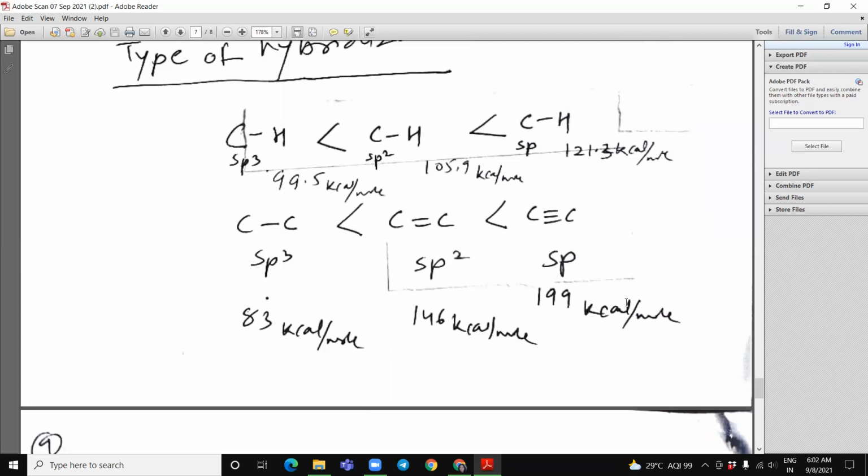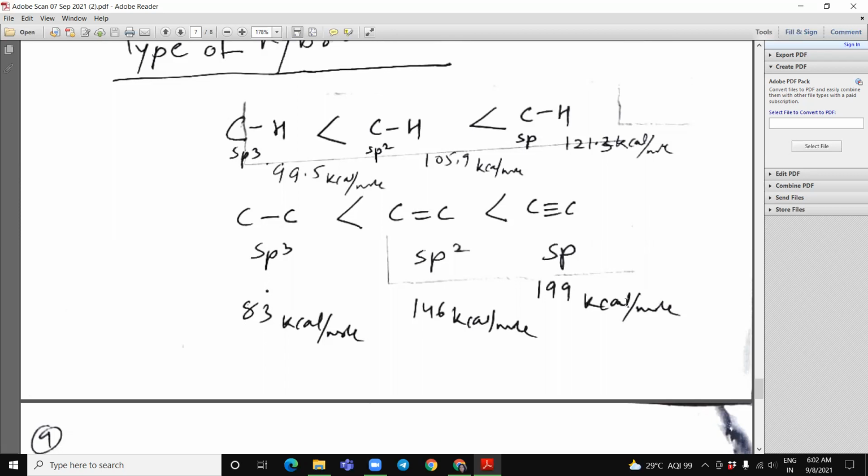Similarly, here multiplicity of the bond is also affecting the bond energy. The carbon-carbon bond length is higher, the s character is less, so its bond energy is also less.